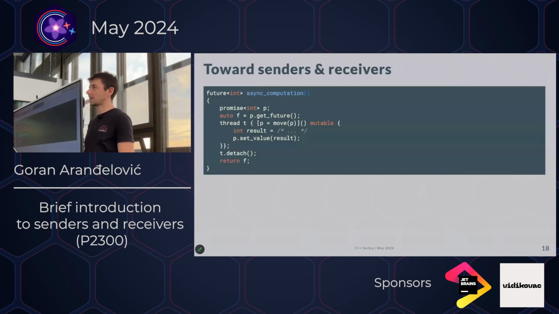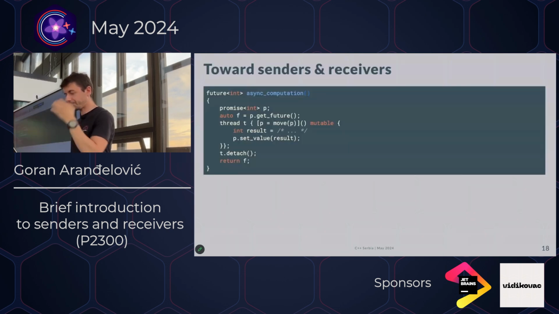Okay. Let's go into some simple examples. Most of these examples are contrived, and I think first mentioned by Eric Niebler a while ago. I don't know how many years ago now. When you have some async computation, now you can do something like this.